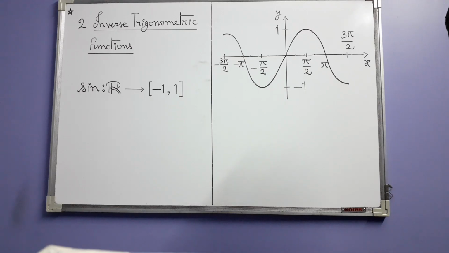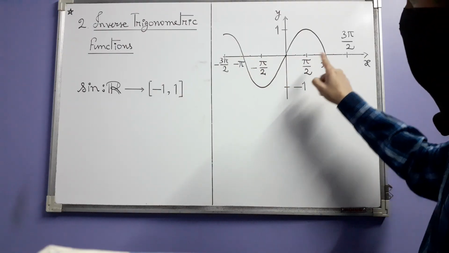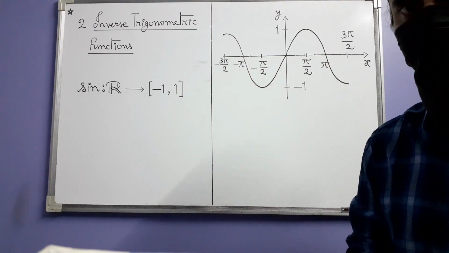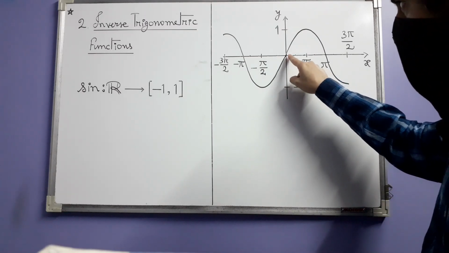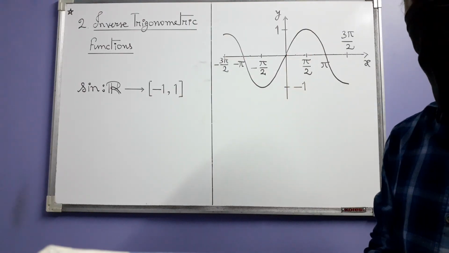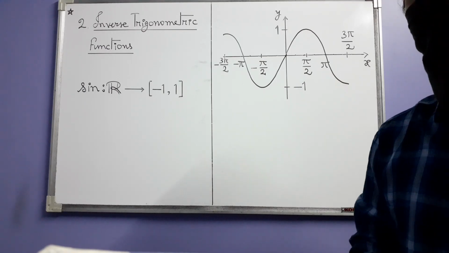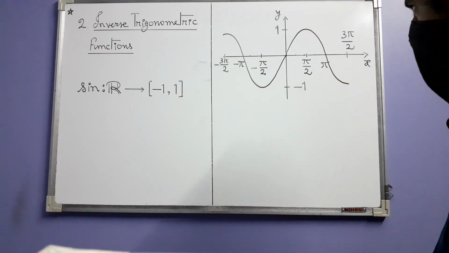For example, you can already see that there are many real numbers at which the sine function becomes 0. When x is 0, sine x is 0, so the graph passes through the origin. Also, when your input is pi, sine pi is 0.